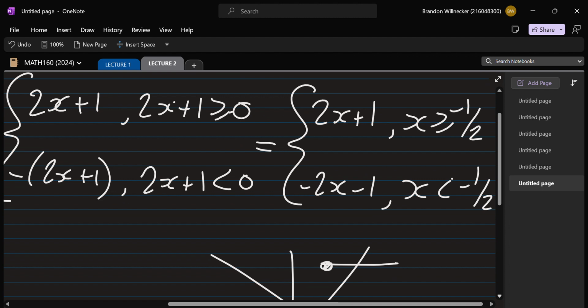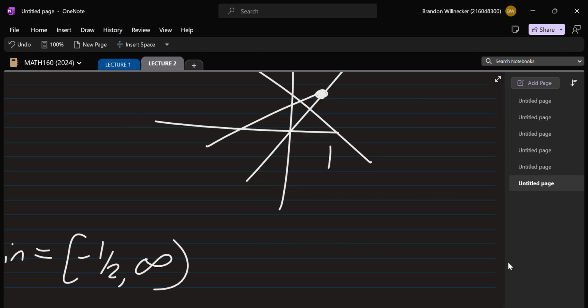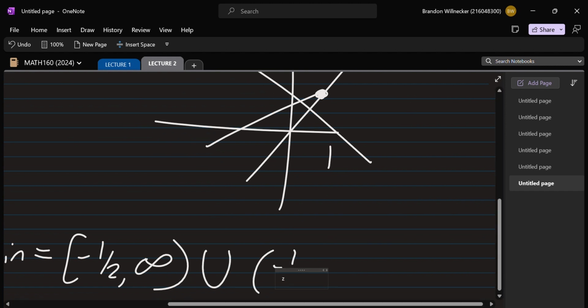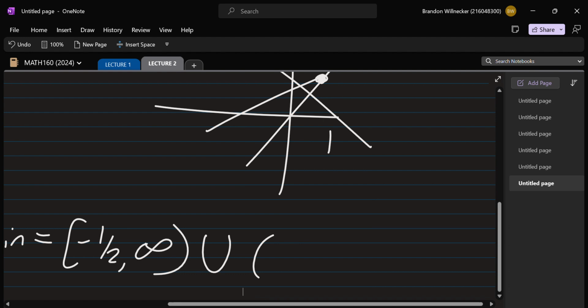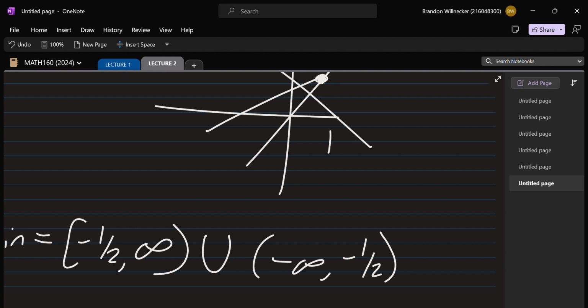So it's all of the negative numbers all the way on to minus a half, but not including minus a half. So we can write this as union, minus infinity to minus a half, not including.